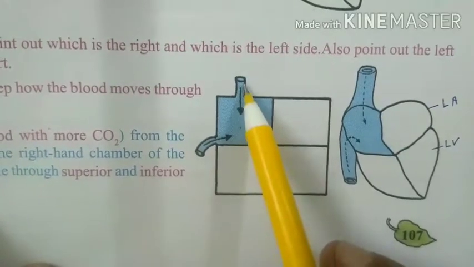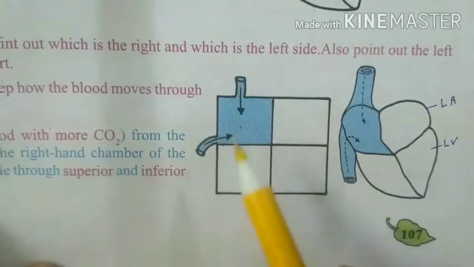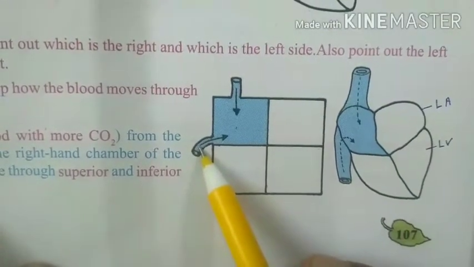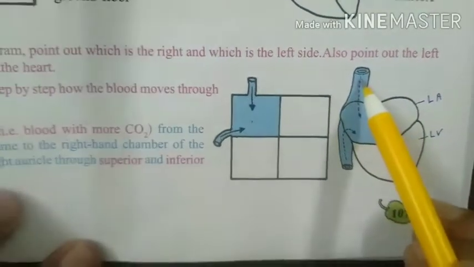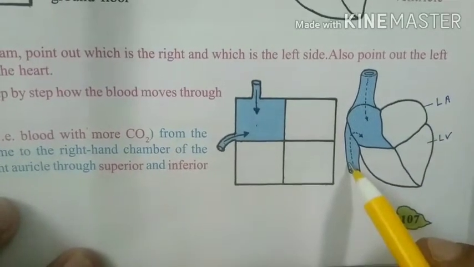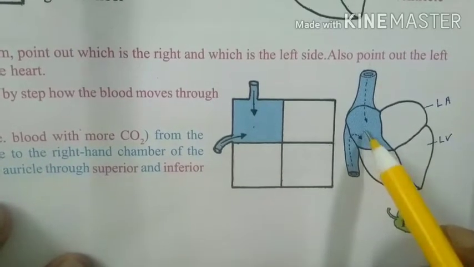This vein is called the superior vena cava and this vein is called the inferior vena cava. Look here. This is the superior vena cava, this is the inferior vena cava and this is the right auricle.